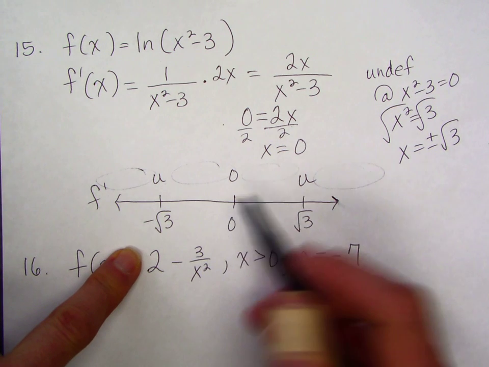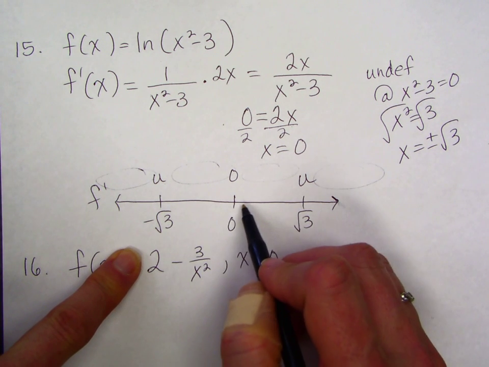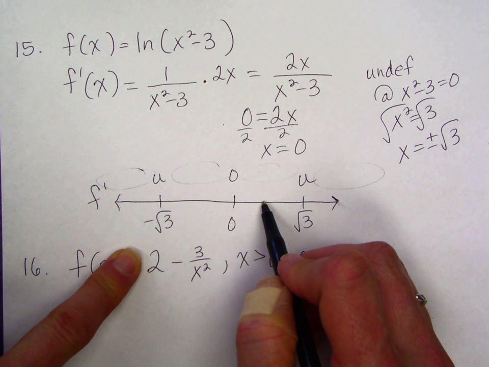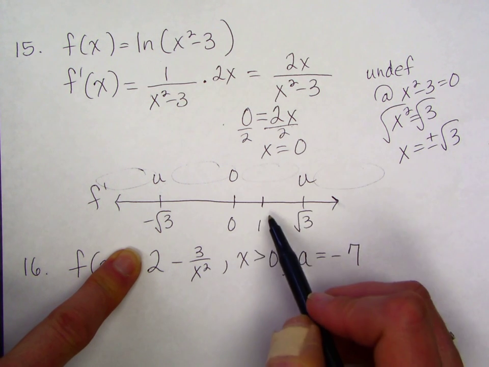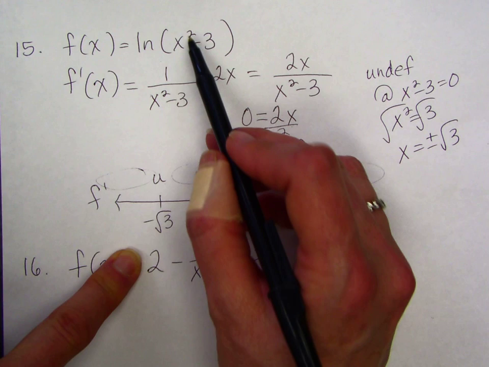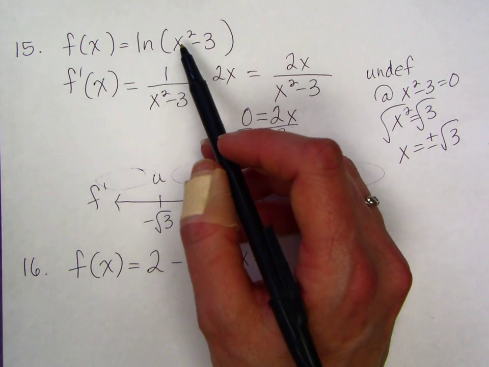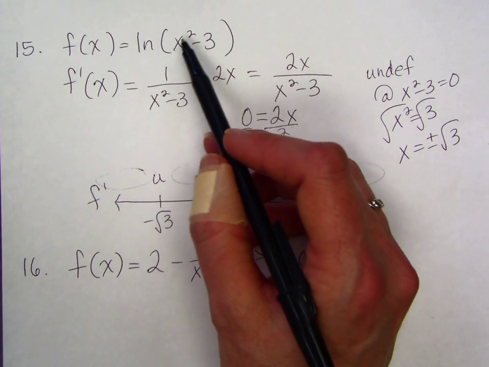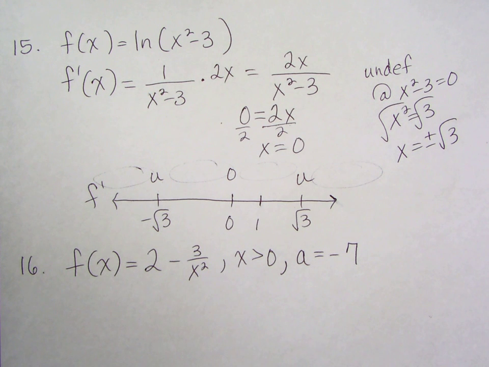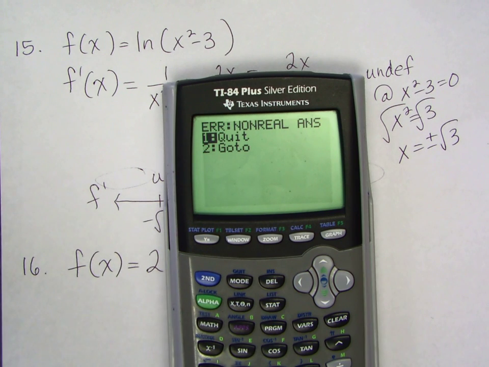So what happens is, try this for me. Between 0 and the square root of 3 would be 1. Plug that into this function a minute. See if you can find the natural log of that. Again, try to find this function evaluated at 1. And your calculator says, no, I can't.